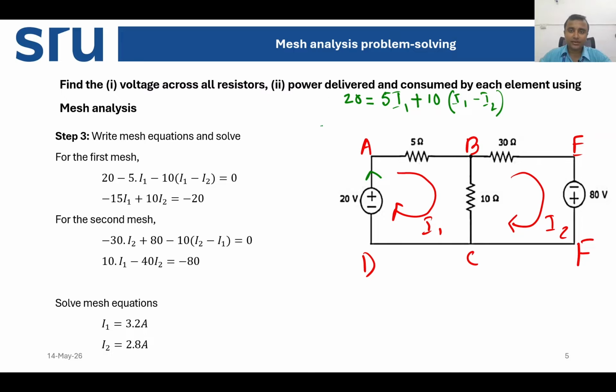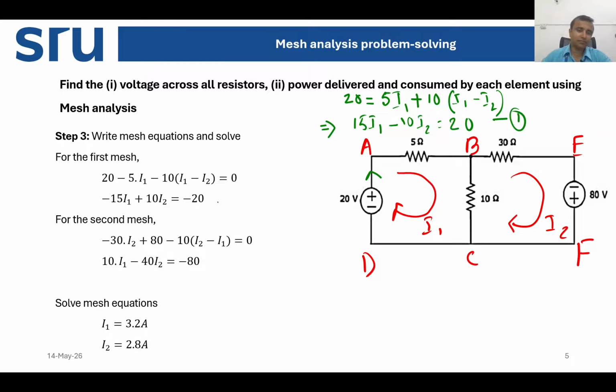Let us simplify, and it becomes 15 I1 minus 10 I2 equal to 20. Correct? So this is equation number 1.